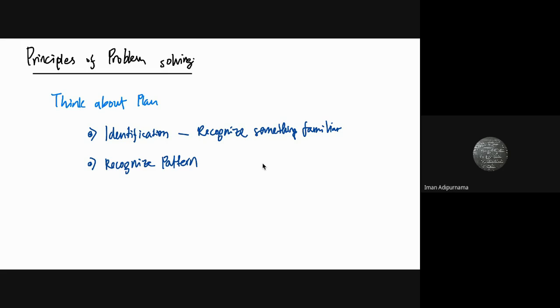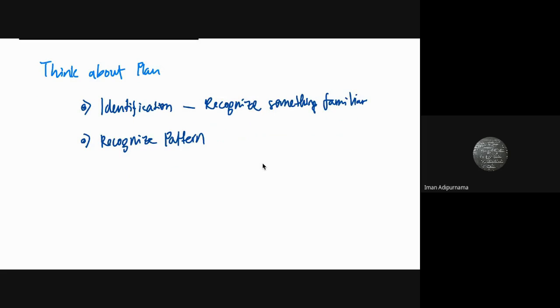Okay, so probably you can recognize pattern. And to solve a problem, you can also use analogy. An analogy can be everything that you can think of and relate to the problem itself.